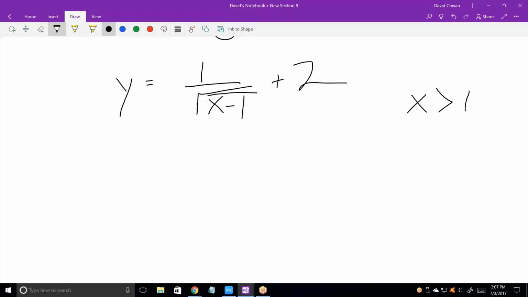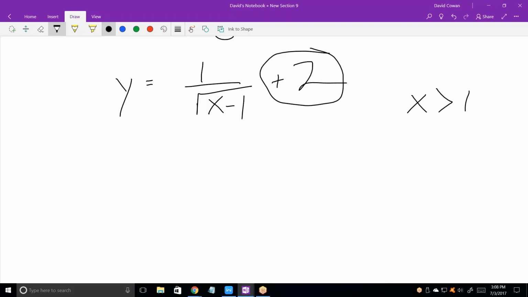What you do is take whatever's inside the radical sign and force that to be greater than or equal to 0. And in this case, it can't even be equal to 0. It's got to be greater than 0. So when I say x minus 1 is greater than 0, it means x is greater than 1. The domain did not change. By adding this plus 2, I did not change the domain at all.